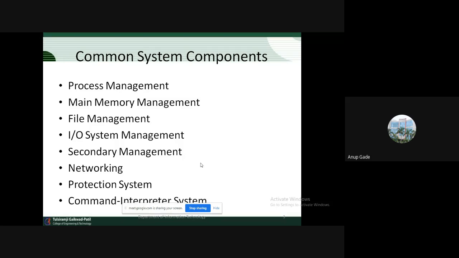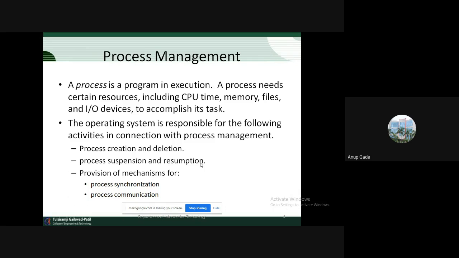Okay, so today our main focus is towards the variety of system components. In that, our first thing to focus on is a process. We know that a process is basically a program under execution.